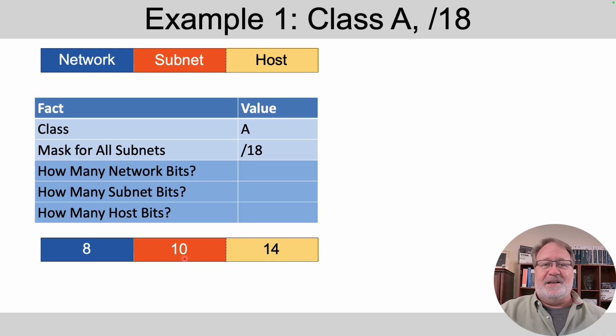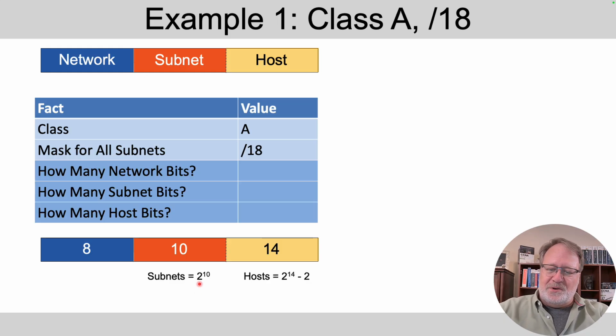We need 14 more to make 32, so we've got 14 host bits. So then if, say, an exam were to ask you how many subnets would be created by this particular structure, or this particular design choice, 2 to the 10th subnets with 2 to the 14th minus 2 usable addresses in each subnet. So there's one example.